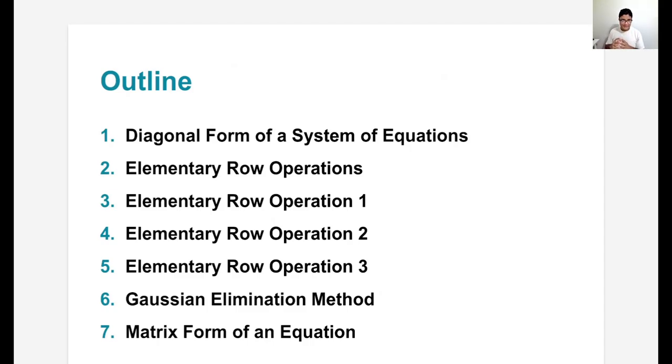The outline is we will be looking at the diagonal form of a system of equations, and then we will be studying some row operations once you write that system of equations in a matrix form. Okay, and that will lead us to the concept of this Gaussian elimination method, which is a sophisticated method of solving equations.